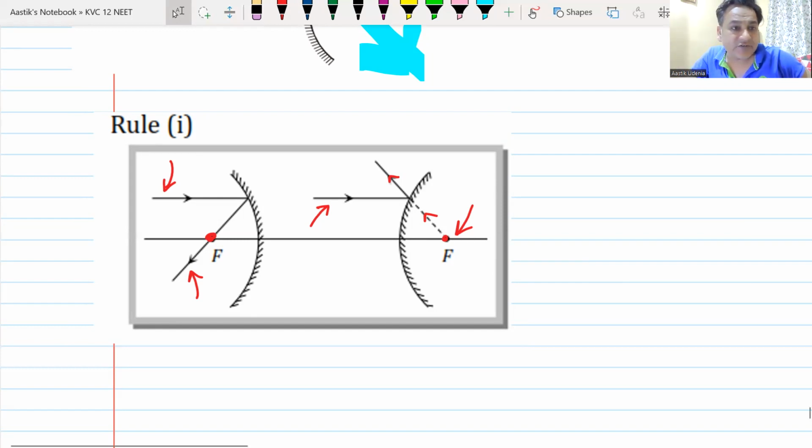Yes. Then let us write the second point, and the second point is just the reverse of this. I hope you understand when I say reverse, what do I mean by reverse? I'll just show you the diagram for rule number 2. What would be rule number 2?